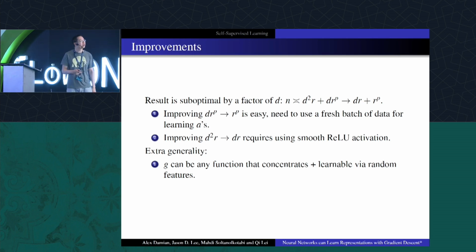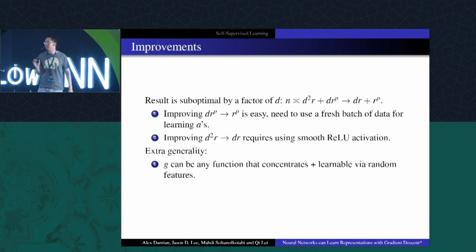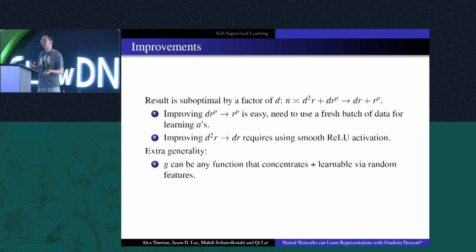Okay, so we've been working on this with Maddie, of course, and Alex for a while. Actually, the second term, going from d r to the p to r to the p, is easy to improve. You just do some standard data splitting. In the transfer learning setting, it's for free because you just have a new batch of data.